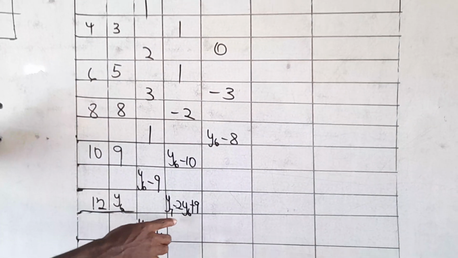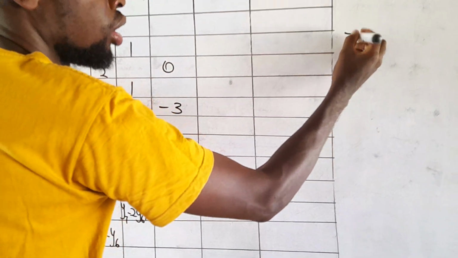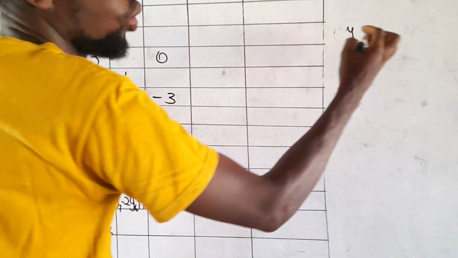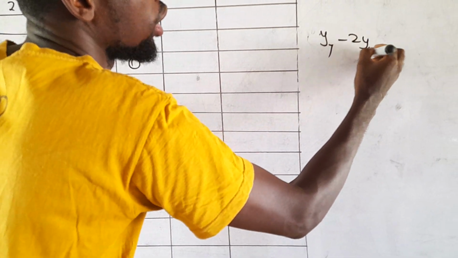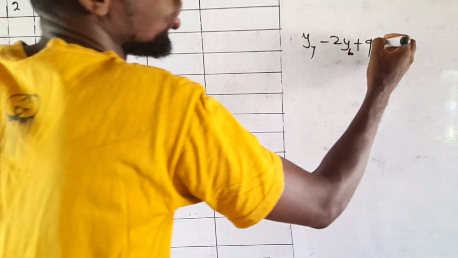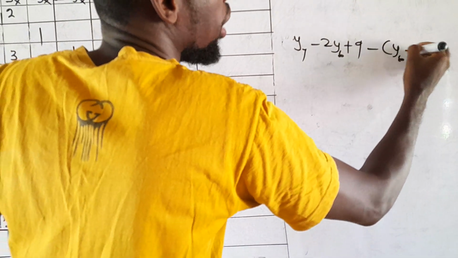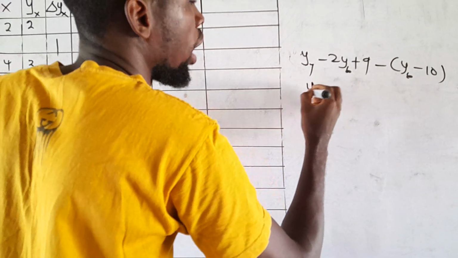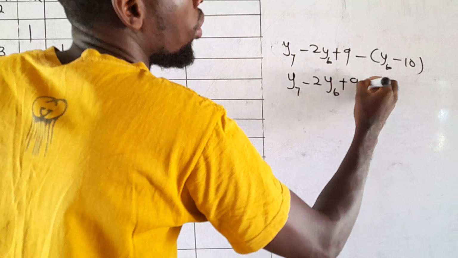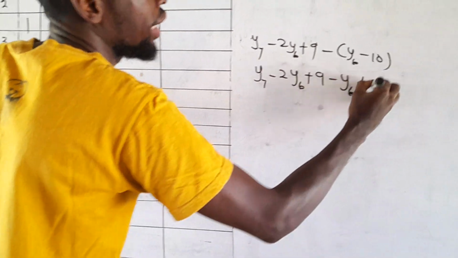So now we have y7. y7 minus 2y6 plus 9, minus y6 minus 10. What are we getting? We get y7 minus 2y6 plus 9 minus y6 plus 10.